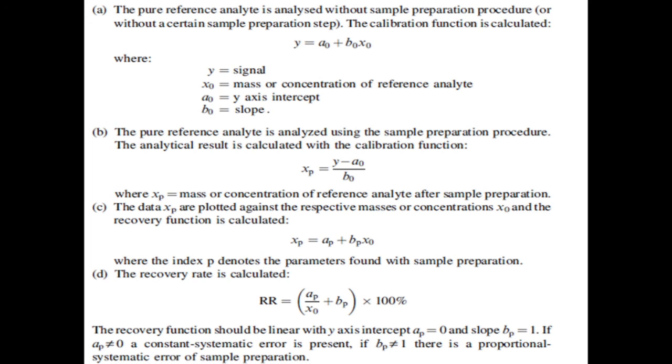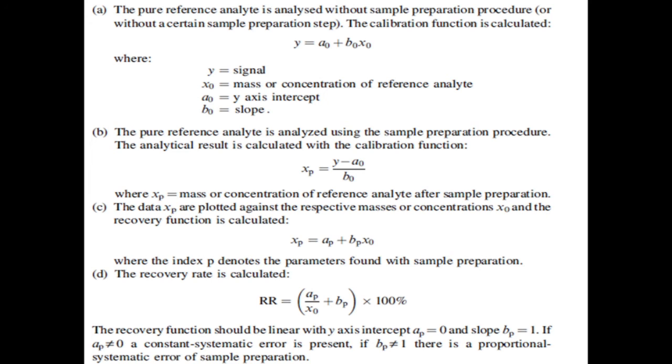Xp is equal to ap plus bp into x0, where the index p denotes the parameter found with sample preparation.